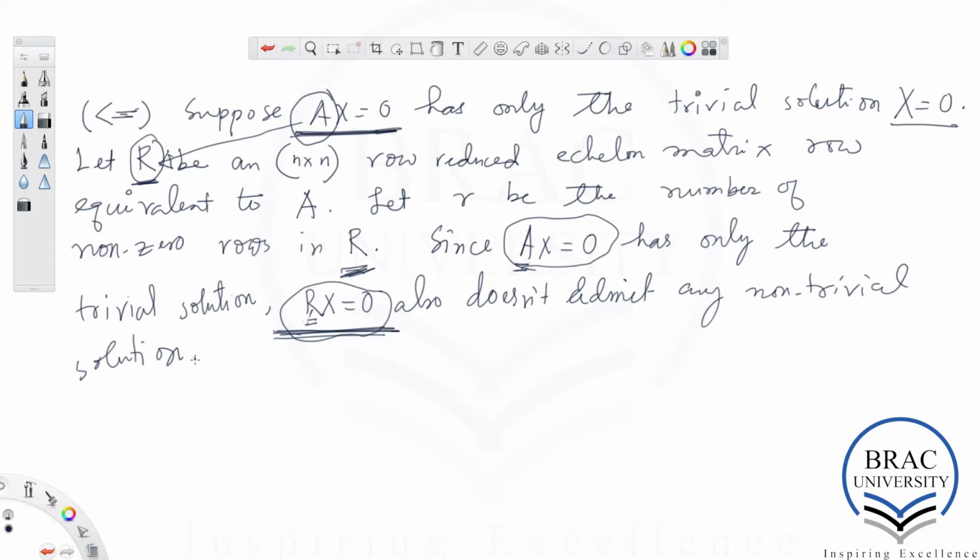Now recall the remark that we had before the statement of Theorem 2 in the previous segment.